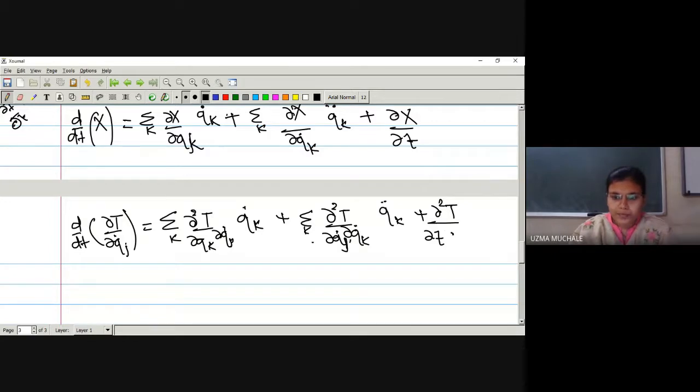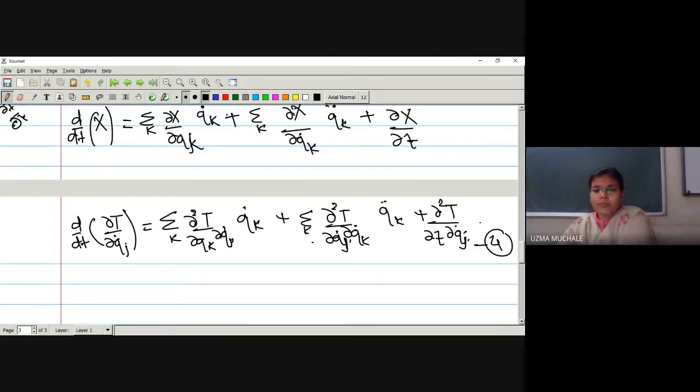Okay, so this term we have evaluated, two terms we have found the values. So for that, let me rename this as equation number 4, right?